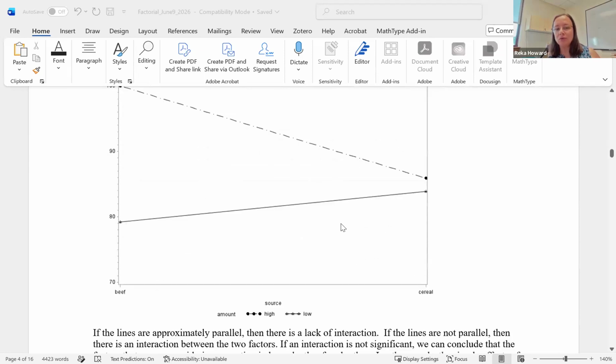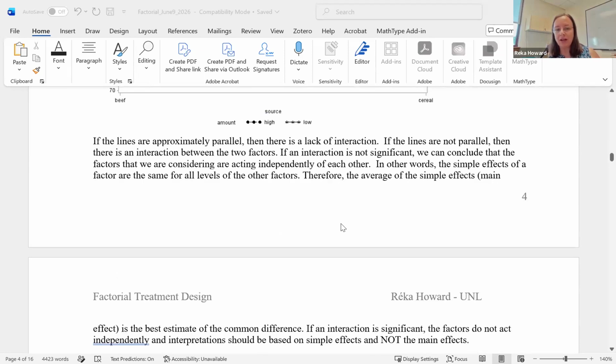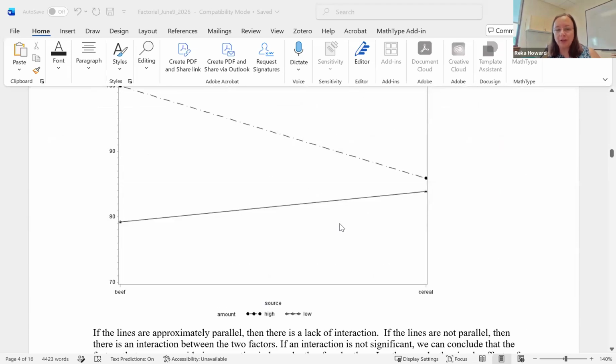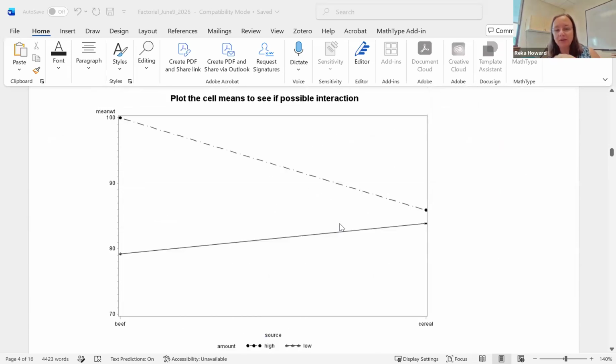Plus, you can also get the interaction effect from your output. Sorry that I'm moving back and forth because I thought that it was right there. So actually, in this case, when I run this in my software, I can see that the interaction is significant.